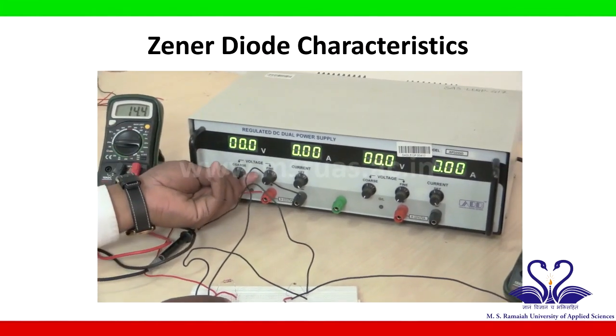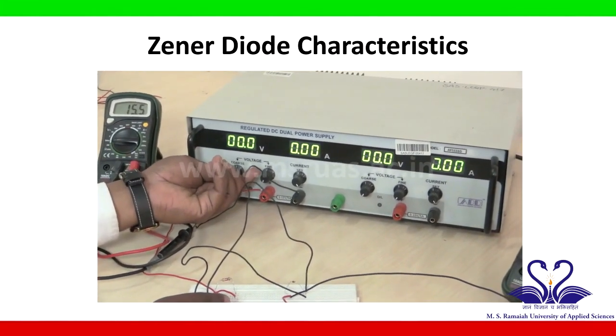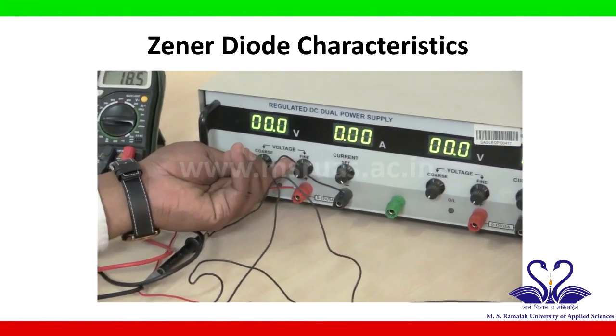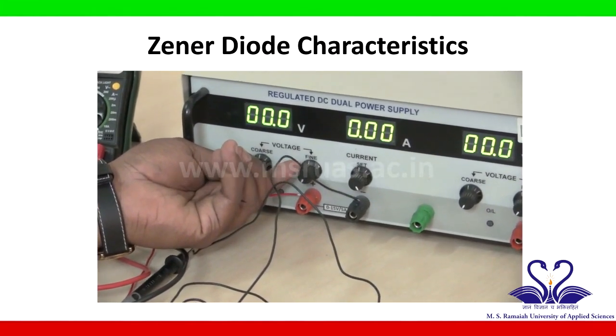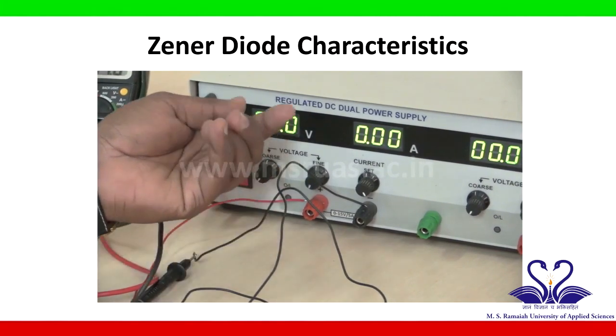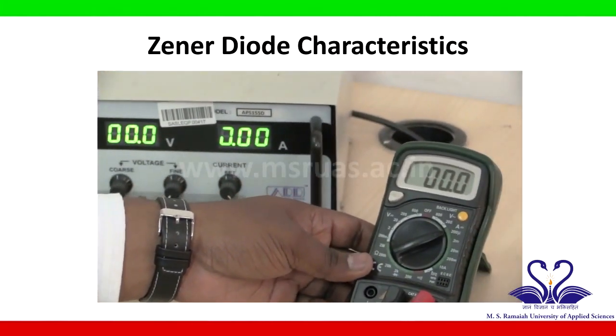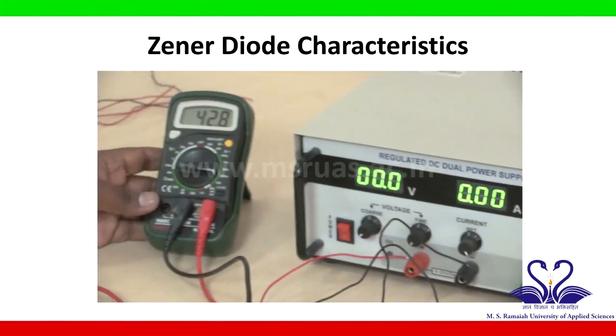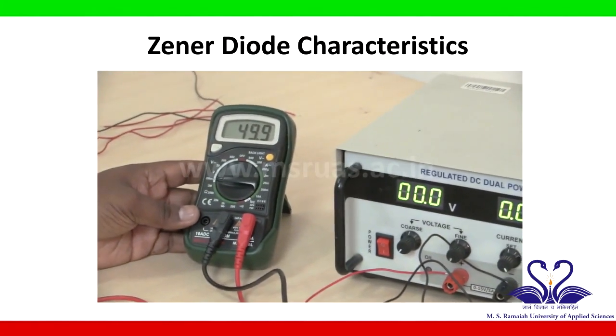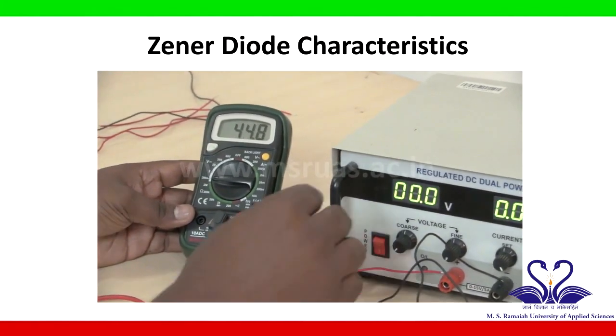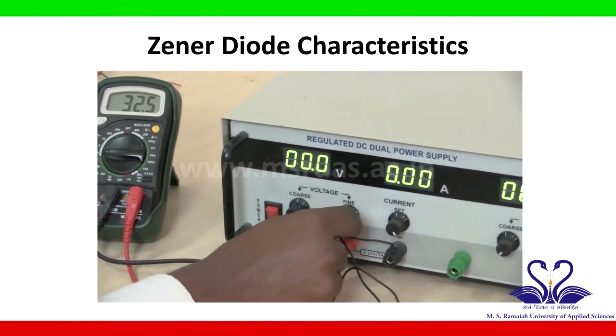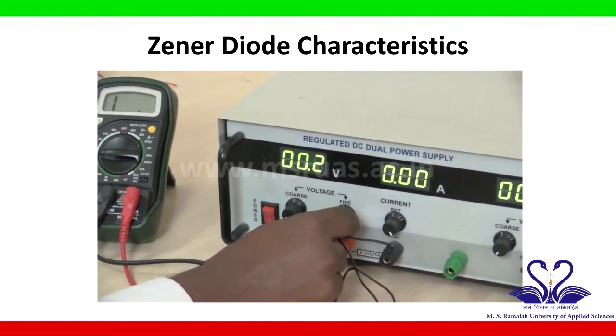Now I will increase this input voltage in steps of 0.5 volt and vary it up to 12 volts. I will note down the corresponding ammeter and voltmeter readings and tabulate them in a tabular column. For example, let us make the input voltage 0.5 volt.